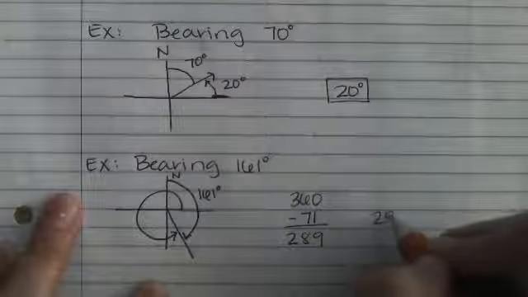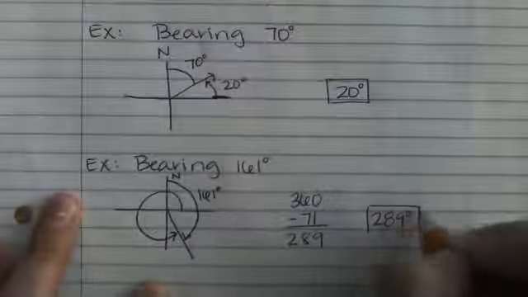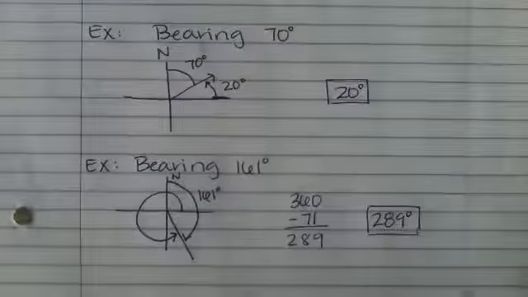So in my calculator, I'd be like, all right, 360 minus 71. Now, this is not the only way to solve this problem, but it is a way to get there. All right, so that's one of the ways you can think of it. So this would be 289 degrees in standard position.